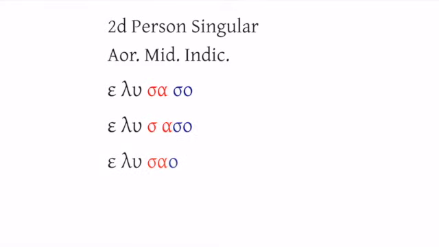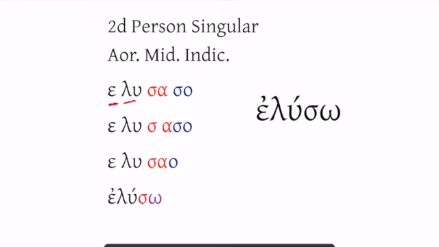Our second person singular form, what's going on here? Well, we have our augment, our tense stem, the sigma alpha, and the ending is actually sigma omicron. What we have here is what we call an intervocalic sigma, meaning the sigma comes in between two vowels. In Greek, when you have an intervocalic sigma, the sigma drops out. So the ending becomes alpha omicron, and the alpha and omicron contract to omega. This is normal contraction.